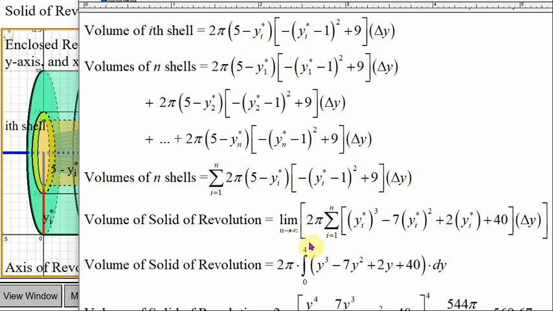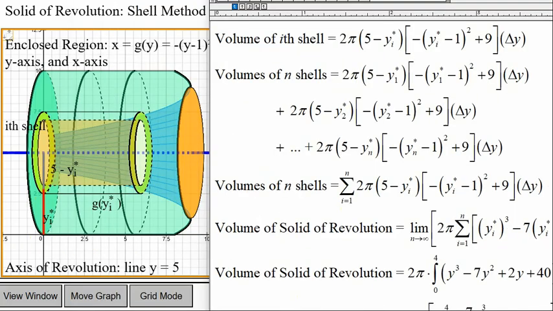Then allowing n to run to infinity, if this limit exists, we define it as the integral from 0 to 4. If we look back at the original region, from here to here is 0 to 4.